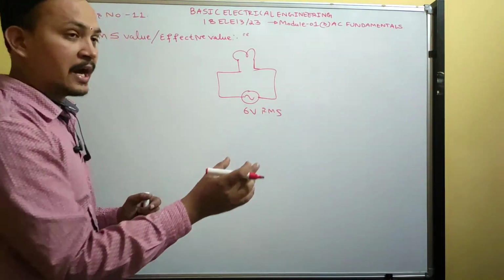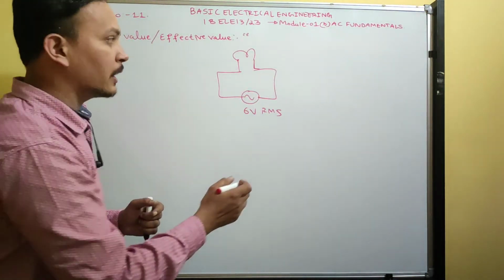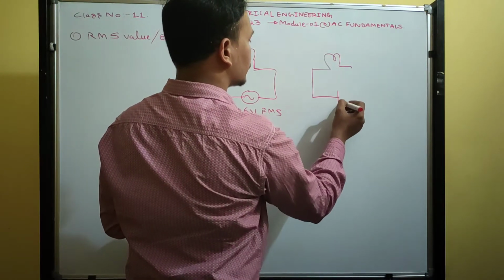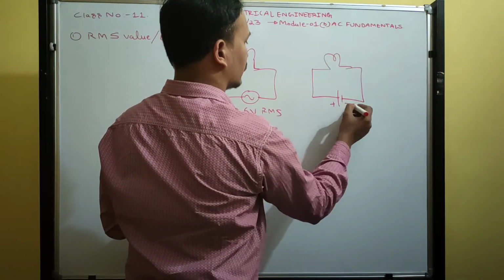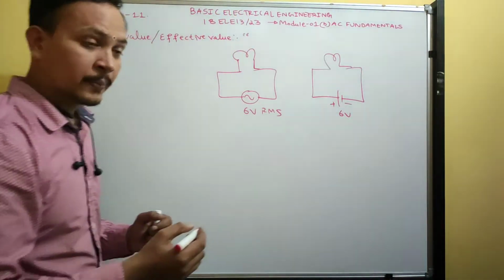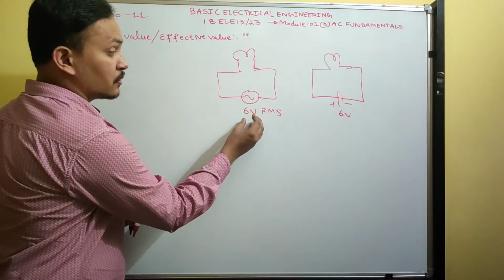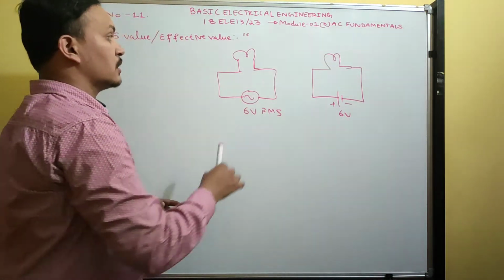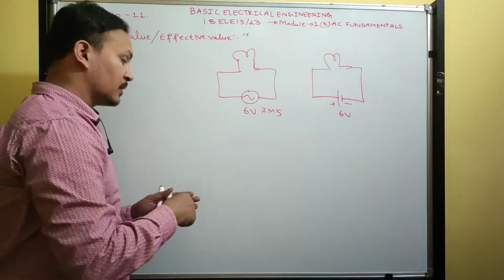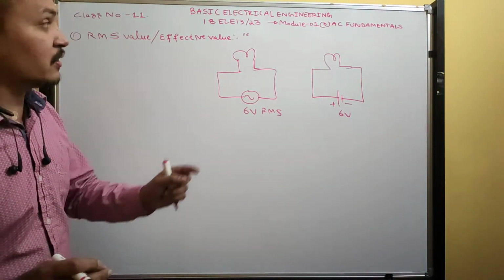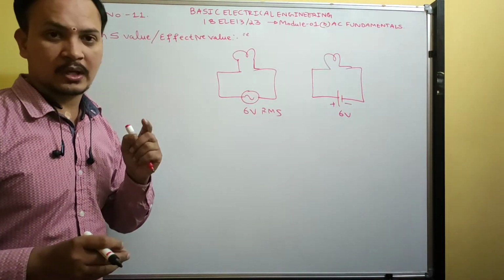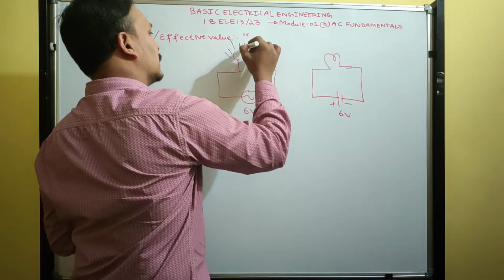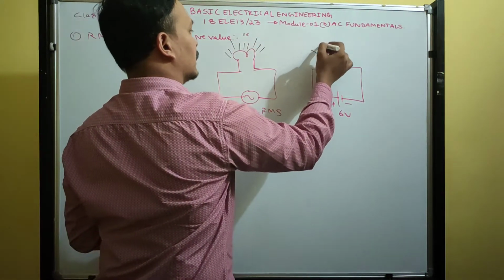If you apply 6 volt RMS and 6 volt DC supply to this particular bulb, you will get the same amount of heating effect in the bulb. We can observe the shining of the bulb; the bulb will give the same shining.